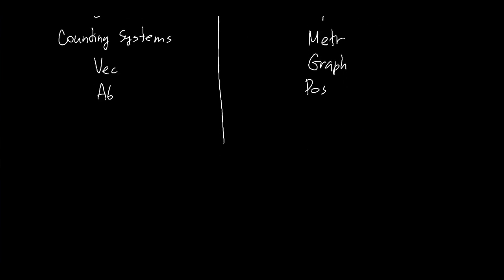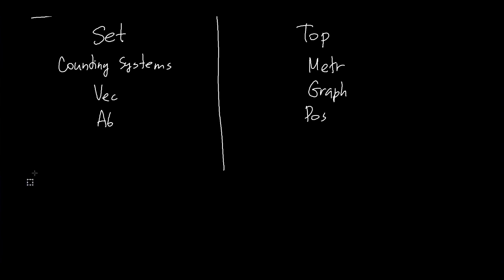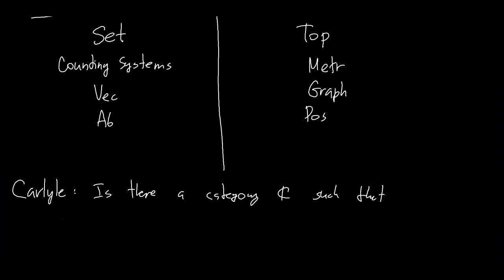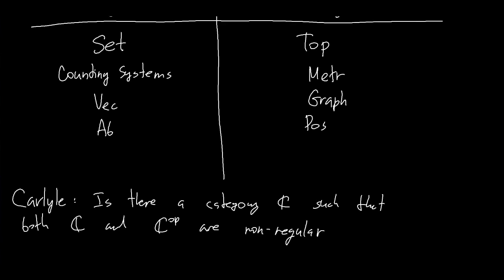So Carlisle is asking for a category C such that both C and C op are non-regular. So unfortunately, topological space is out.